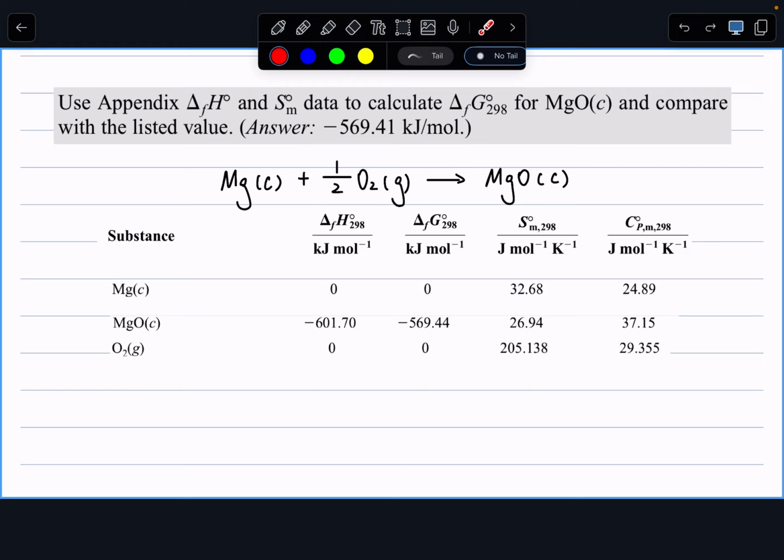Just plug in numbers using the appendix data. And keep in mind the unit here for S and H is different. This one is kilojoule, this one is joule. So make sure you take that into consideration when doing the calculation. And you can end up with a numeric number. You can compare it with the tabulated data. All right, so this part is basically a very straightforward application of how to use the appendix data to calculate the delta G of the reaction.